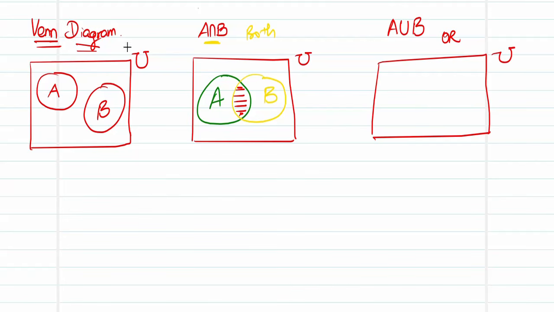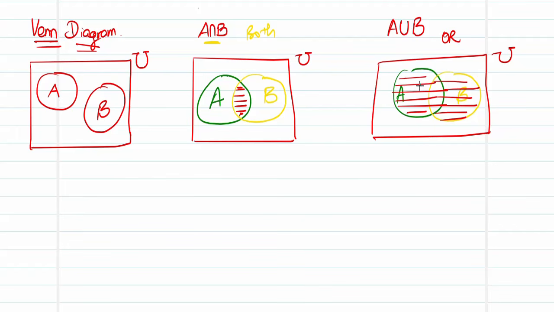Let me draw my A and let me have my B. Elements that are either in A or in B. Either in A, they are going to be part of A, so I take this portion of A. They are also either in B, they are also going to be a portion of B, so I can also extend them to include portions of B. So either A or B, A union B, how will this look like?